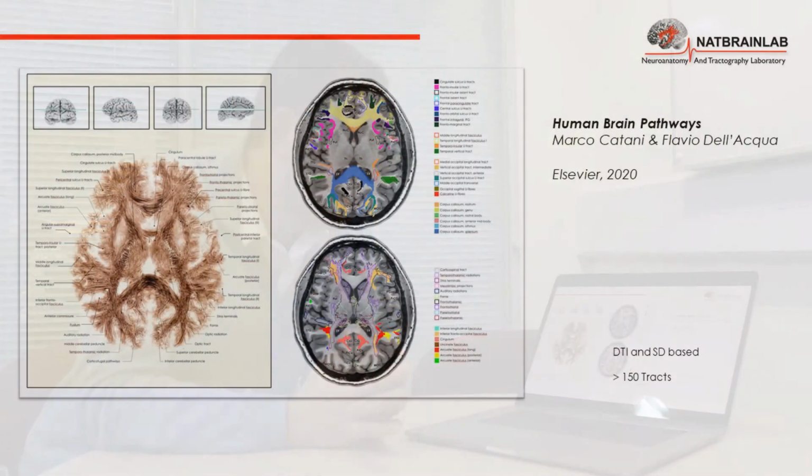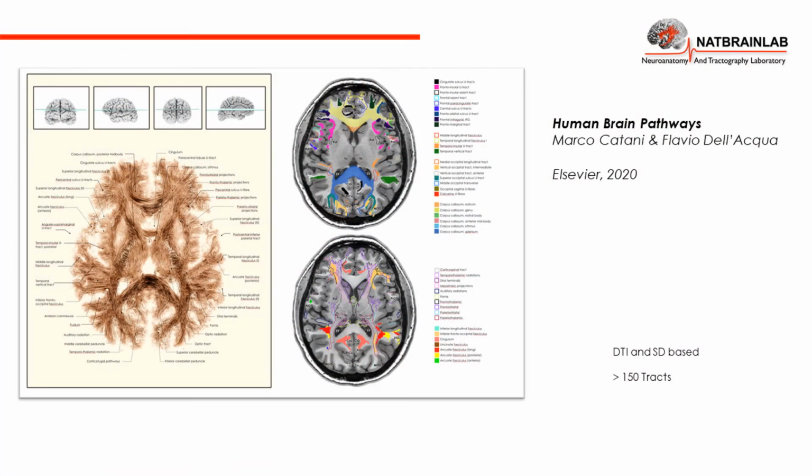For example, one thing we are doing at the moment is working on an atlas based on the same images. The idea is to teach anatomy, and at the same time guide the clinician to understand, for example, why there are some symptoms related to some particular lesion near the cortex, in regions where normal tractography just shows white matter but doesn't show any obvious track. So we have this kind of work in progress, but we're getting there.